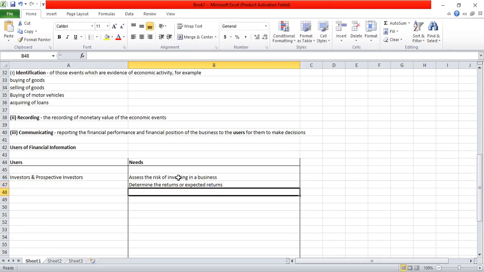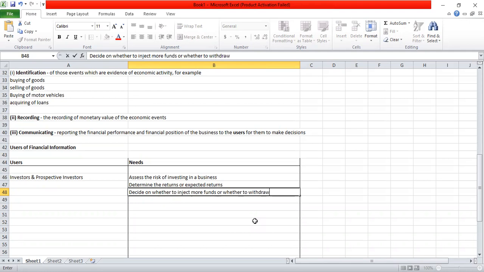So then they can also decide on whether to inject more funds or whether to withdraw funds.